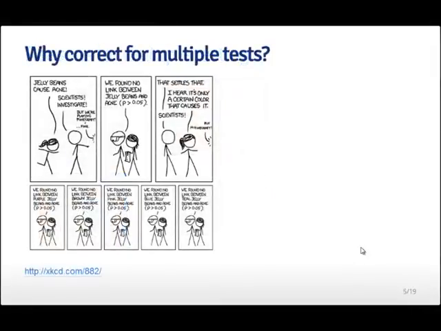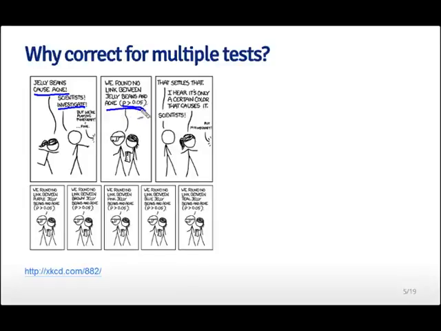So why should we correct for multiple tests? This is actually a cartoon to describe the key problem that you run into. Suppose that you were looking at a particular analysis where you wanted to see if jelly beans cause acne. You send off a bunch of scientists to investigate, and they first look at just all jelly beans, and they see if people who eat any kind of jelly beans get acne or not, and their p-value comes back greater than 0.05.